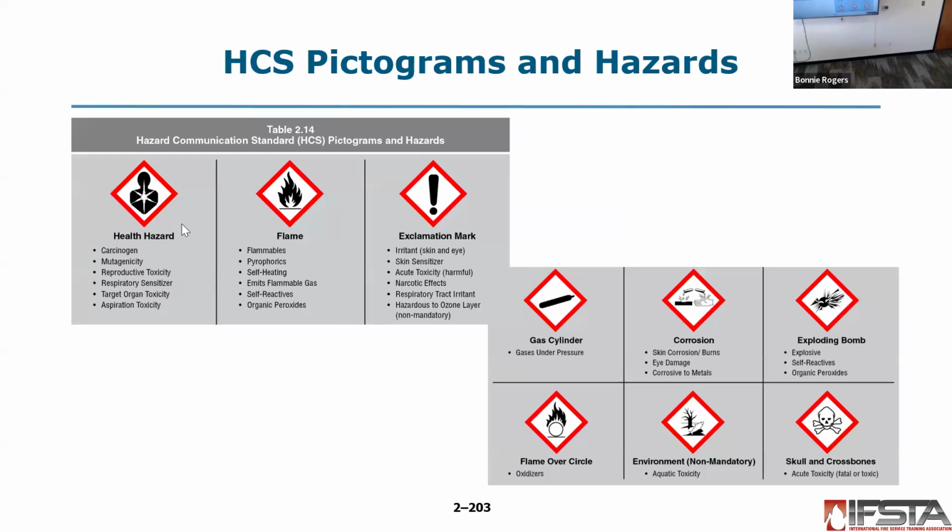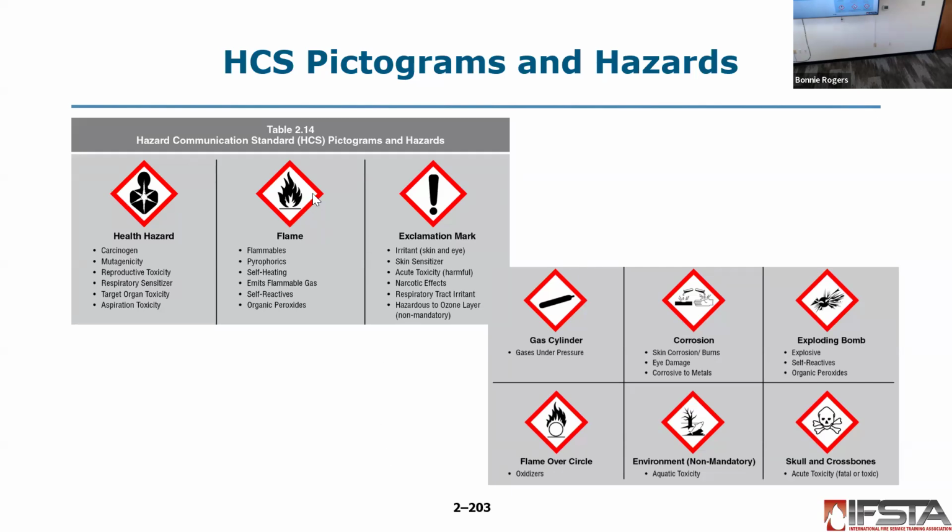All right. Hazard communication standard. These are the pictograms, and that is in your book on page 78. So when you look at these, you can immediately recognize what the hazard is.